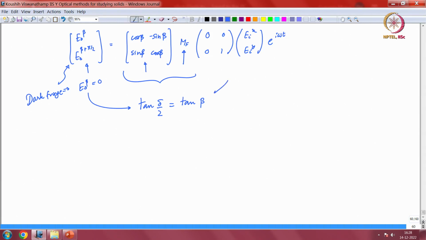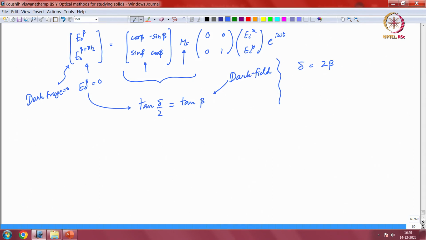So, this is for the dark field. Okay. So, which means the delta is 2 times beta from here, right. Okay.